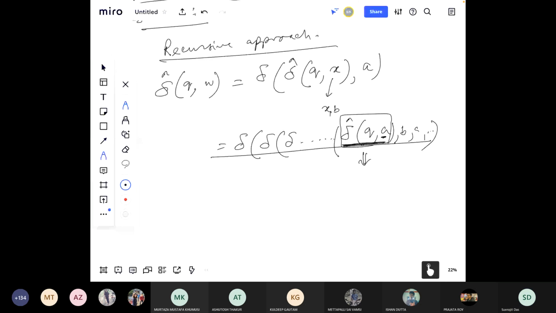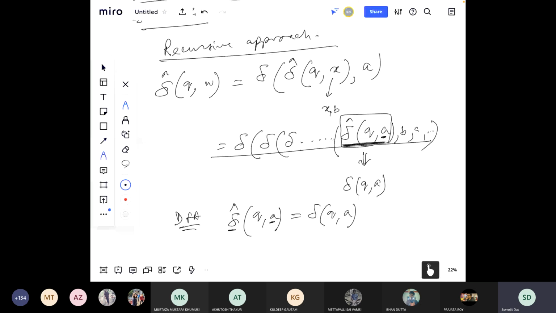And for DFAs, del hat Q comma A is nothing but del of Q comma A. Do we agree? So in case of a DFA, del hat of q comma a, that means transition on a string, because a single symbol is also a string. Del hat of q comma a is del of q comma a, and you surely need to have a state for that.